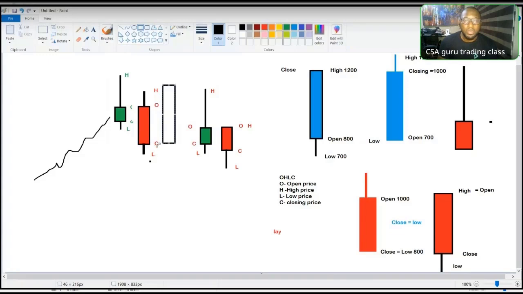Okay, so this is our opening price, and also we can have a wick here. We can either have a wick or we don't have a wick. It doesn't matter. We can also either have a wick below or we don't have a wick. It doesn't matter.